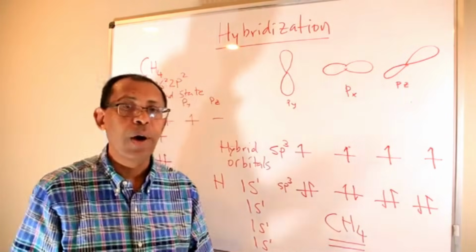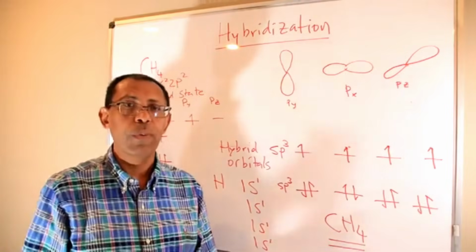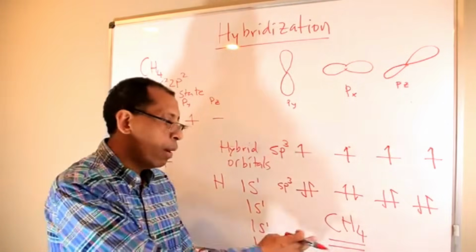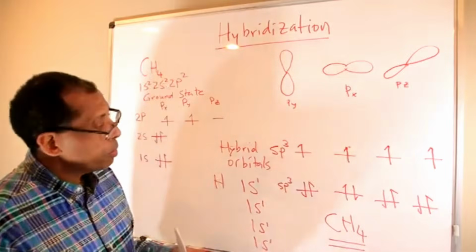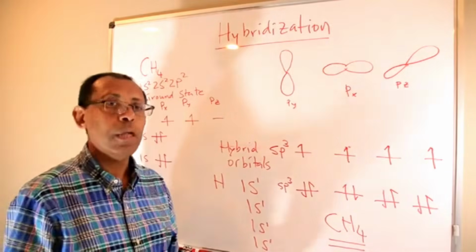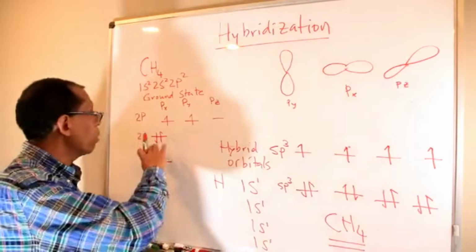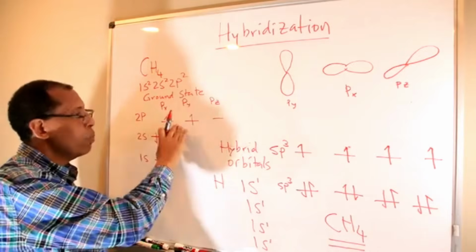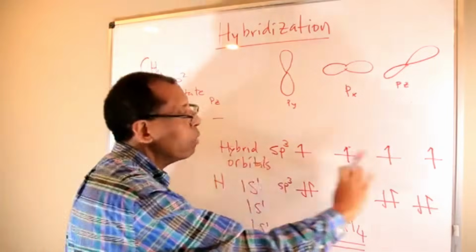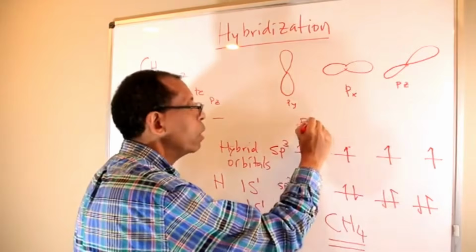Now we can justify how CH4 is formed. In nature, you have methane, not CH2. Therefore, the way the orbitals have been made possible by mixing these two orbitals, the s and the p, we made an equivalent set. They are all equivalent now.